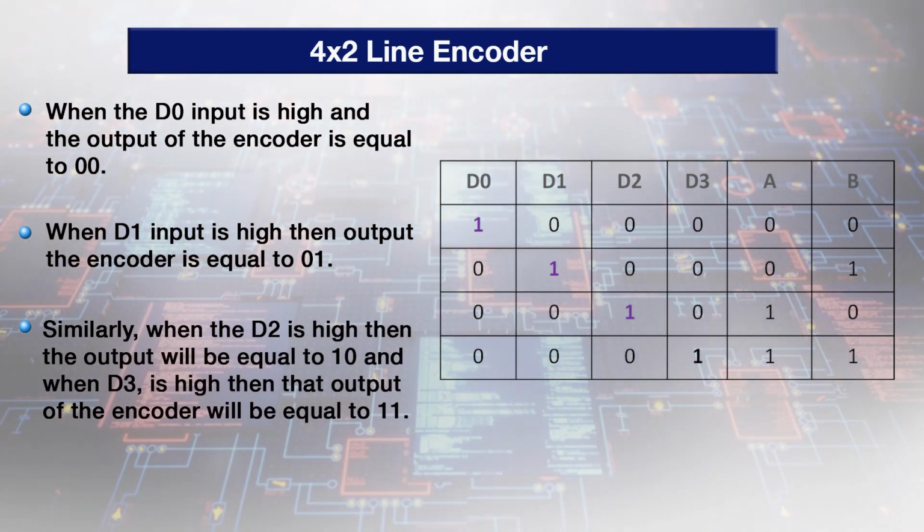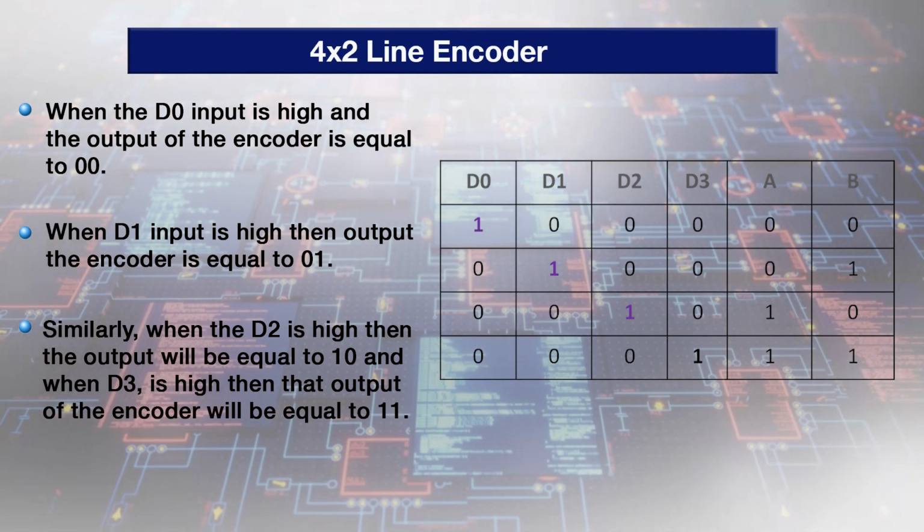Similarly, when D2 is high, the output will be 1 0, and when D3 is high, the output of the encoder will be 1 1. In this way, this binary encoder encodes the input information into a compact code.